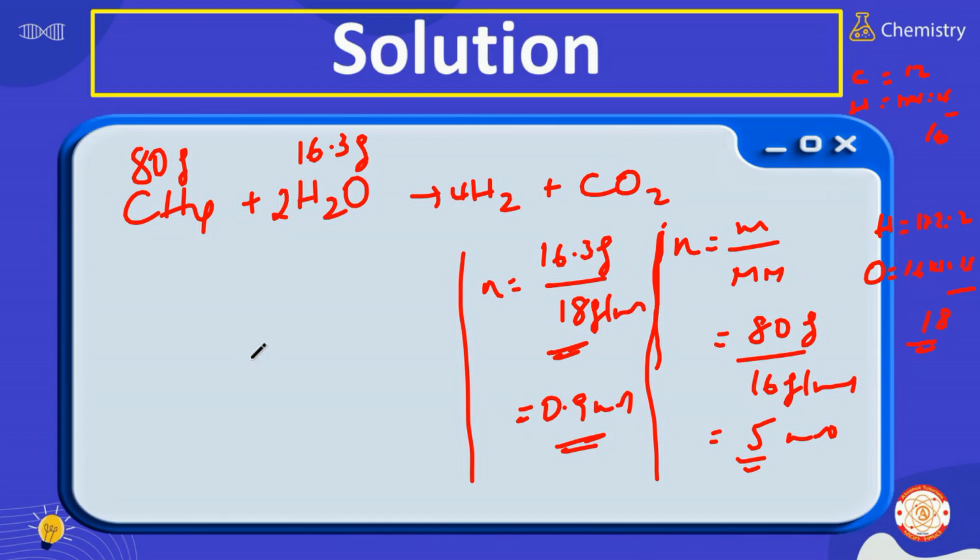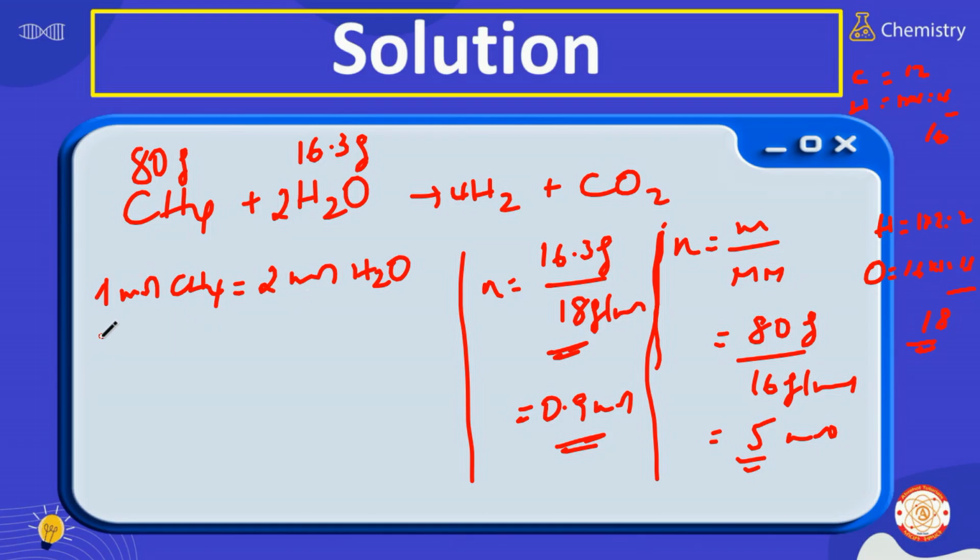Alright, so the equation tells us what? The equation tells us for every mole of methane, 2 moles of water are needed. So I'll take the mole of methane to calculate the amount of water that is needed to completely react with 5 moles of methane.